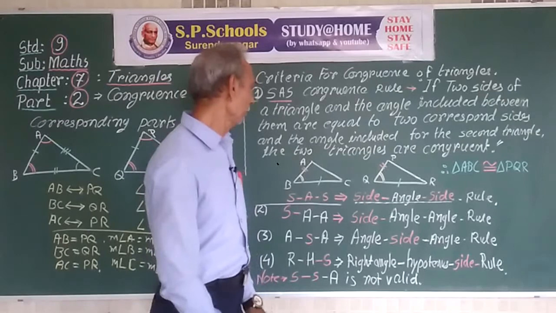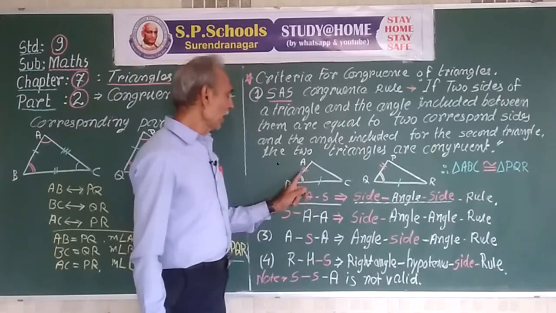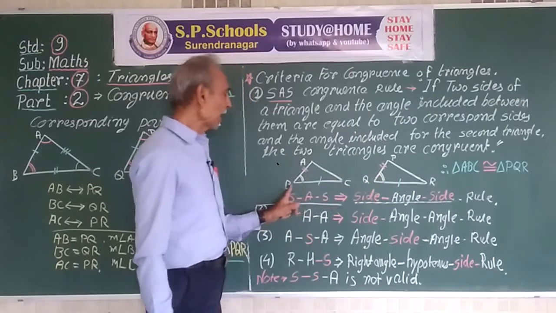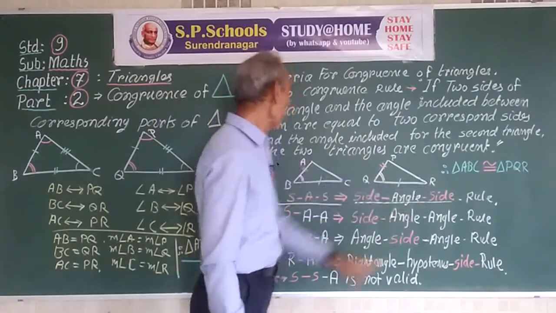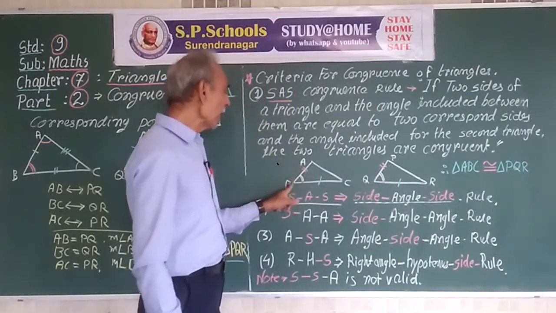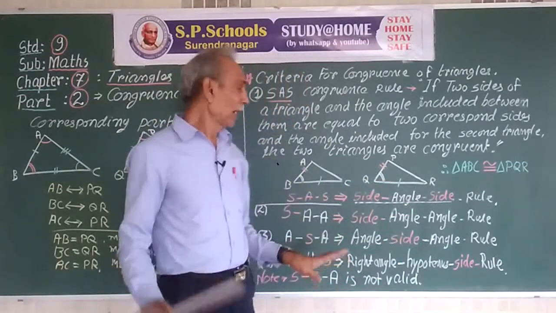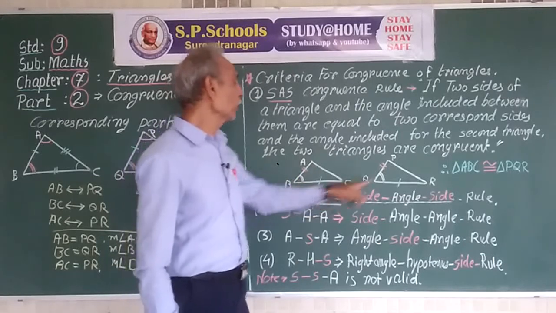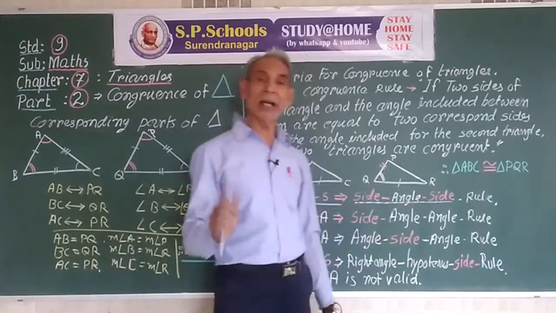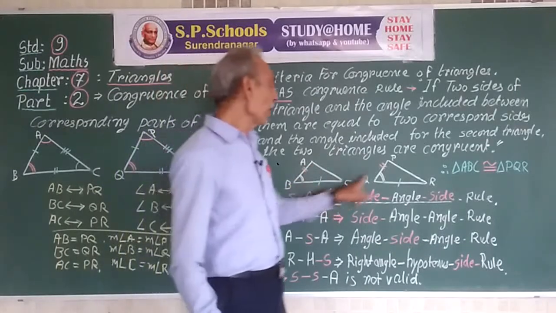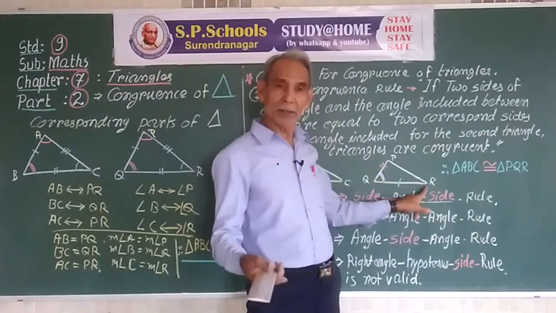Same in measure. That is, if length AB is equal to length PQ, length BC is equal to length QR, and measure of angle ABC is equal to measure of angle PQR, then we say that triangle ABC is congruent to triangle PQR, and then the remaining side AC will be equal in length to side PR.